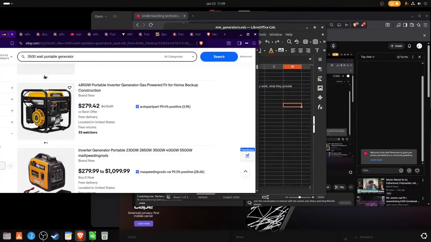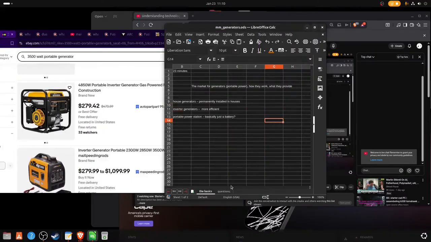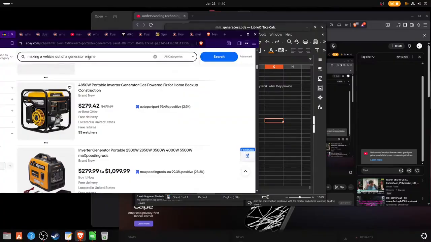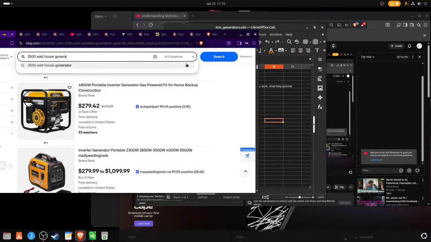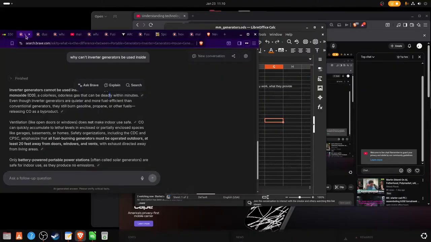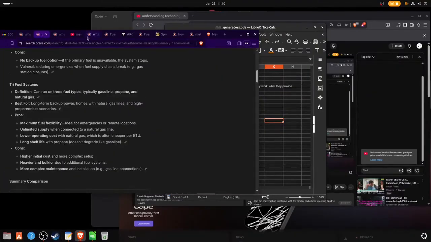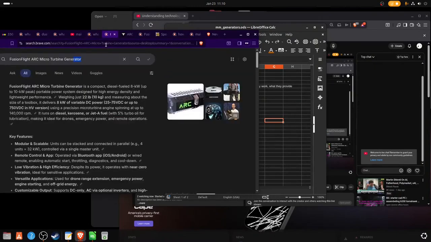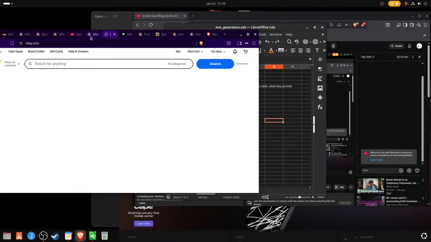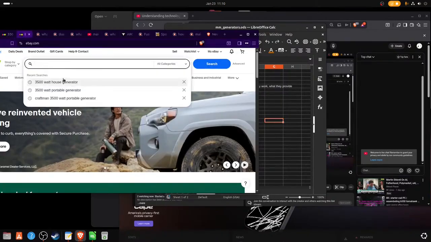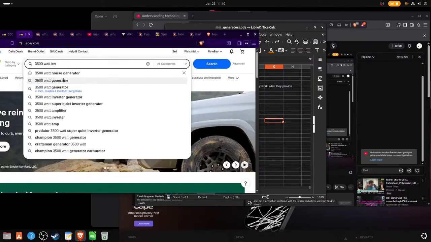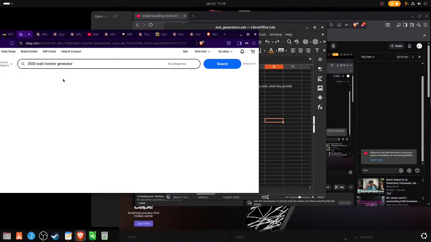I just want to go back to the one that we found, but I lost it. Did I save it? Nope. House generator, 3,500 watt. And then we'll do a 3,500 watt inverter generator.